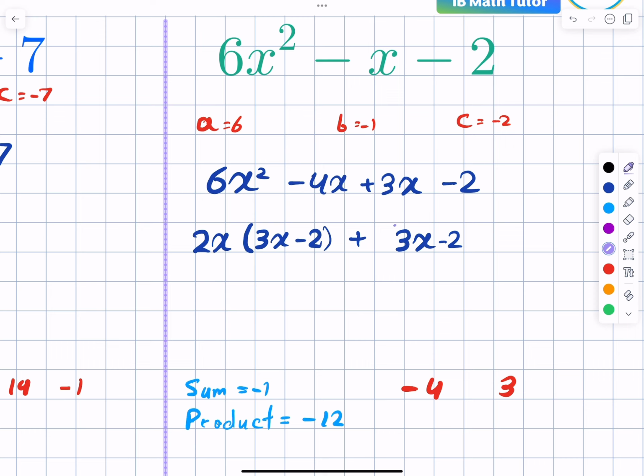So here we can consider that we have 1. So now, we will factor 3x minus 2 from both. From the first one, we have 2x plus, and from the second one we have 1. So 6x squared minus x minus 2 can be written as 3x minus 2 times 2x plus 1.